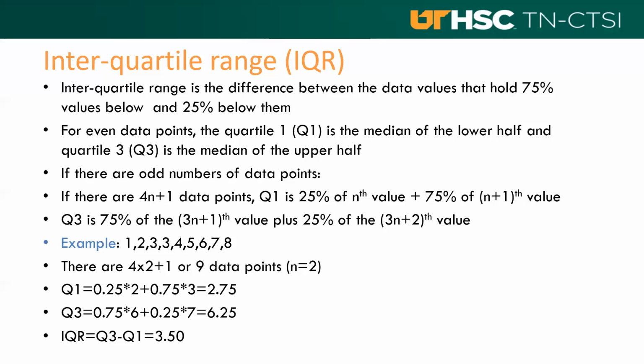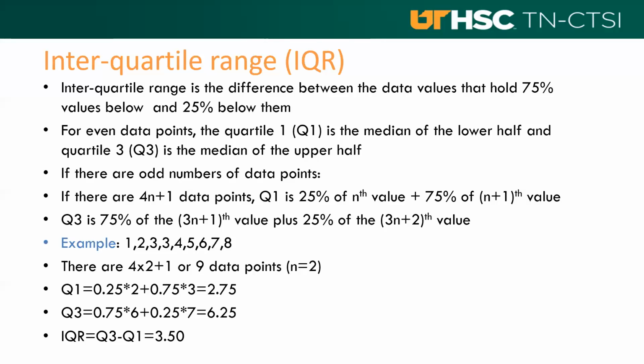And if there is an odd number of data points, for example 9 data points as in this example, 1, 2, 3, 4, 5, 6, 7, 8, 9, the calculation of the quartiles is based on the following. If there are 4 times n plus 1 data points, for example 4 times 2 plus 1 is 9, as in this case, the first quartile is 25% of the nth value plus 75% of the n plus 1th value.